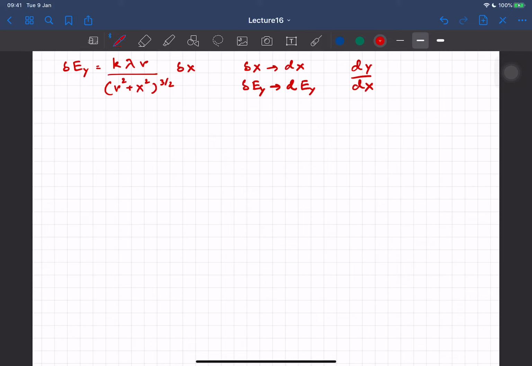That's the derivative of the function with respect to x. Rigorously you need to do the limit or whatever. We're not gonna spend too much time doing that because we know that eventually it's gonna work. So we're gonna replace delta with d so that we can integrate it.